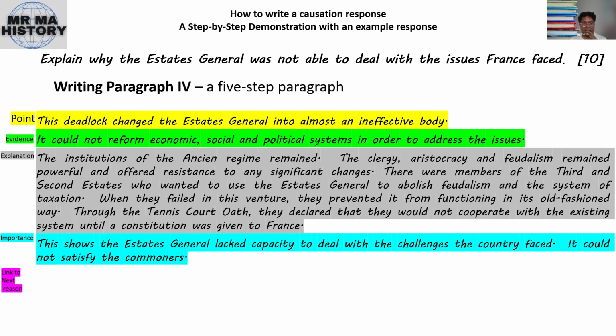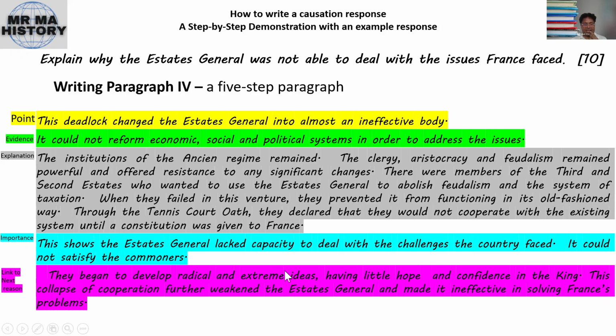Now, how am I going to link it up with the next reason? They began to develop radical and extreme ideas, having little hope and confidence in the king. This collapse of cooperation further weakened the Estates General and made it ineffective in solving France's problems. So that means, as I have been telling you before, this linking sentence or few sentences have three features.